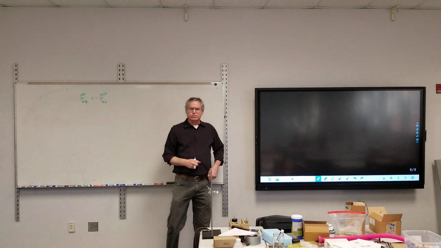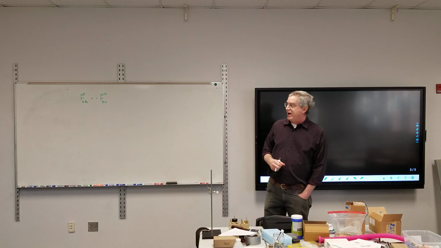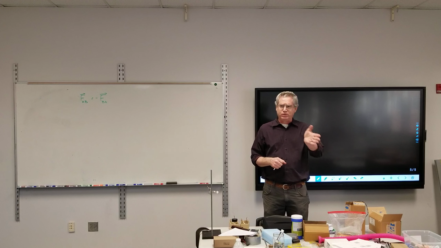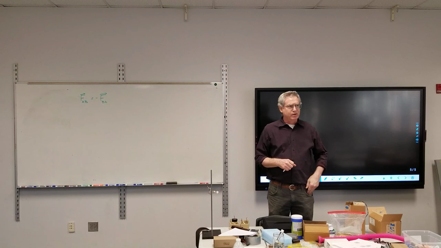Now the two objects will interact for the same amount of time. They don't actually have to touch, but A will touch B for as long as B touches A.